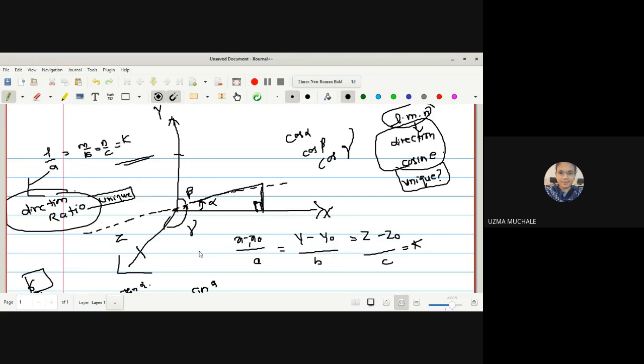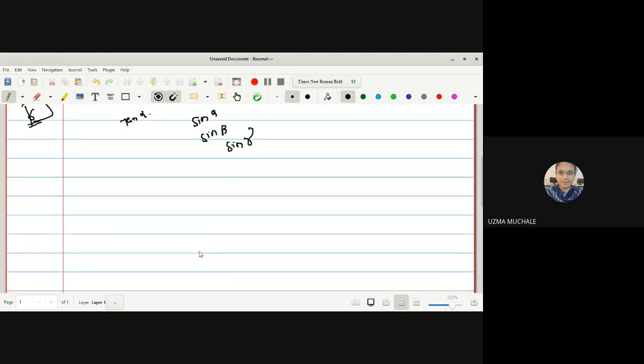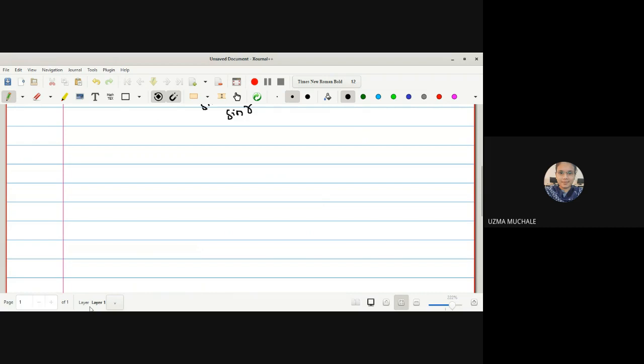Now the next question I will give you: what will x equal to 0 be in a 2D plane, or we can say in the xy plane? Would it represent x equal to 0?